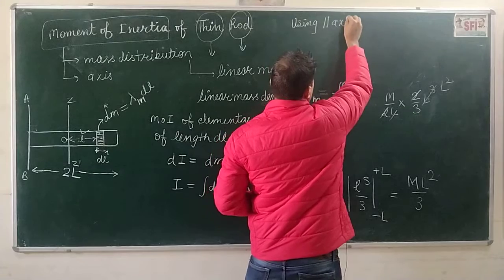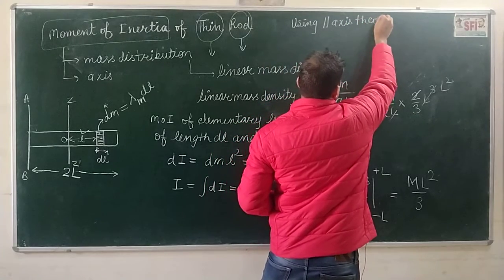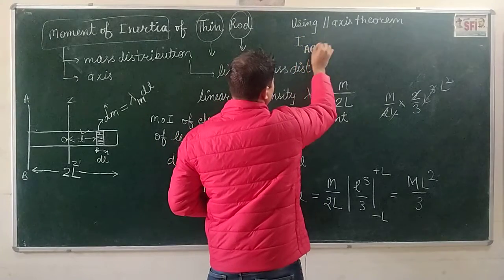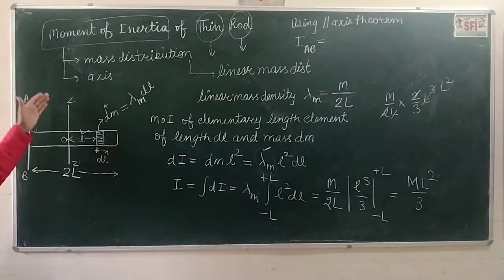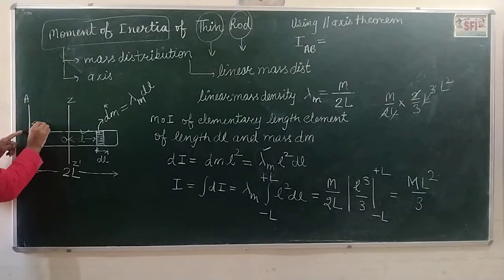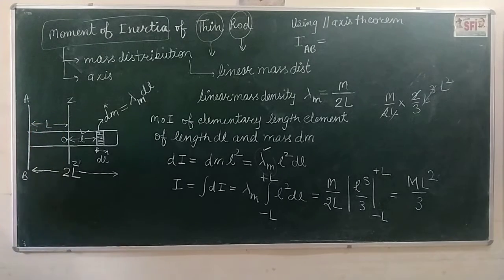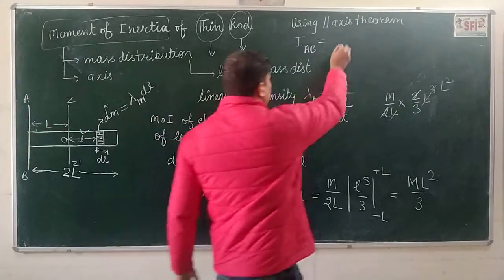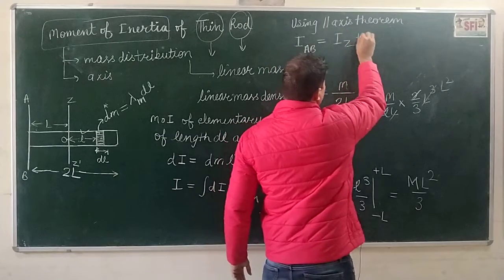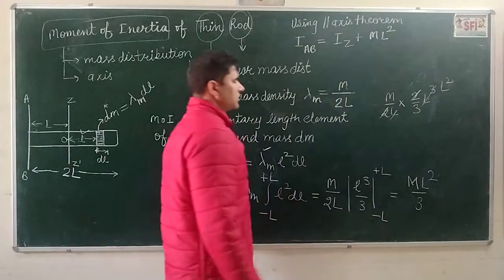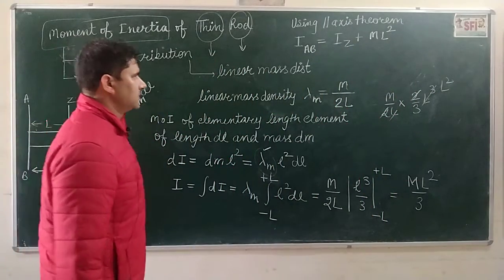Using the parallel axis theorem, the moment of inertia about axis AB, which is parallel to the z axis passing through the center of mass and at a distance of L, and the mass of the rod is capital M, will be Iz plus the mass of the rod and the square of the distance, that is L square.